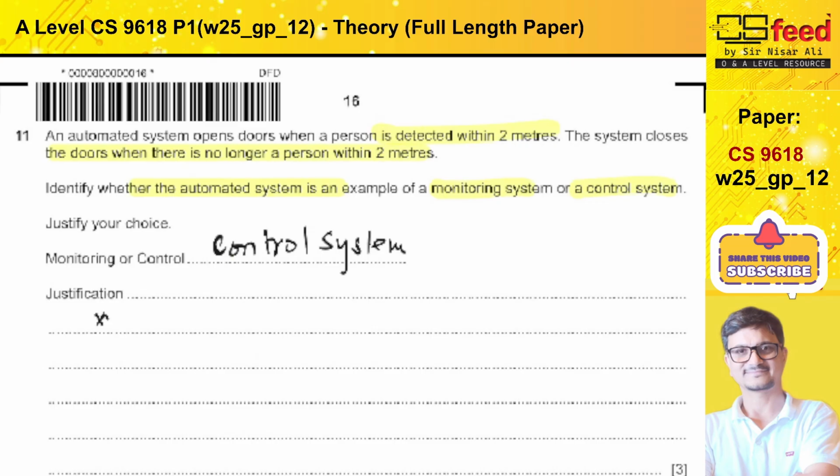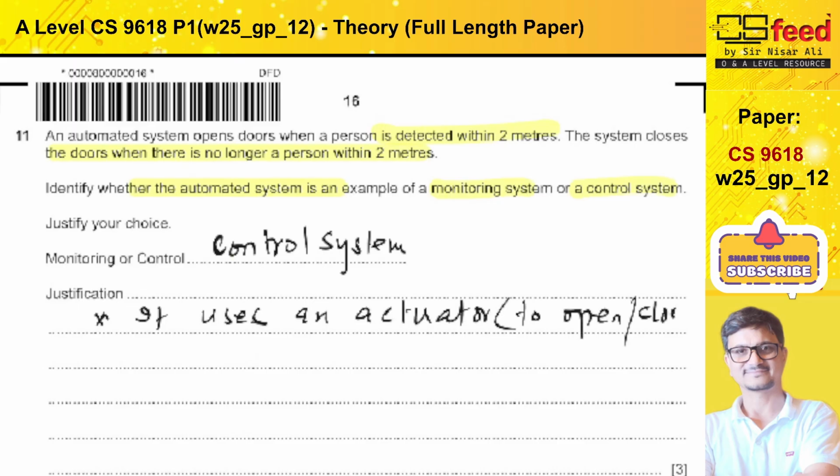So how do you reach this conclusion that it is a control system? Because it uses an actuator to open and close the door. The actuators are the motors, the mechanical output devices which are used to control something. So this is one reason that you give.